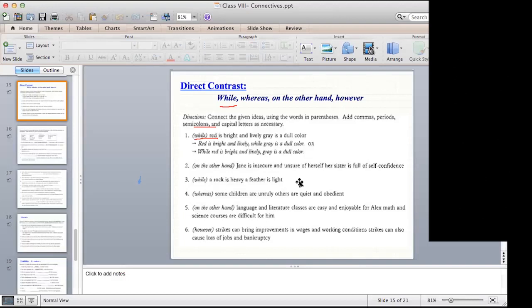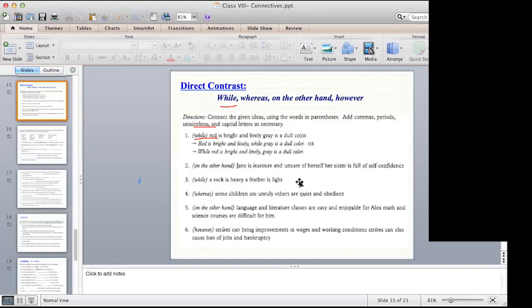Then, on the other hand, again: language and literature classes are easy and enjoyable for Alex. Math and science courses are difficult for him. The purpose of this exercise is just to find, because there's no full stop, where the first sentence is, where the second sentence is, where the first clause ends and where the second clause begins.